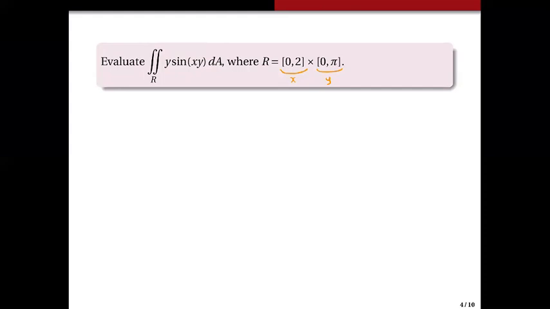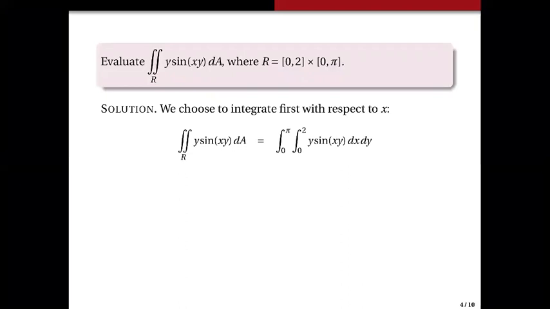Instead of using y, if we use x, then y will be held constant, and you can easily integrate sine xy with respect to x. Because y is just constant, and here you just have a y, which is constant relative to x. So we set this up: we integrate y sine xy, starting with the dx, and then later the dy.